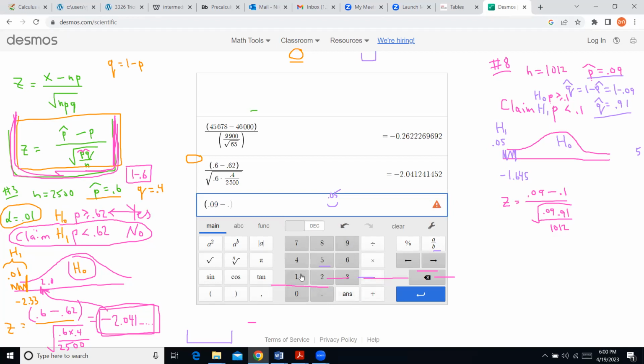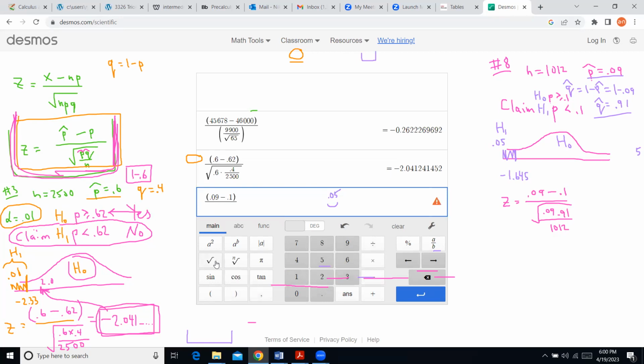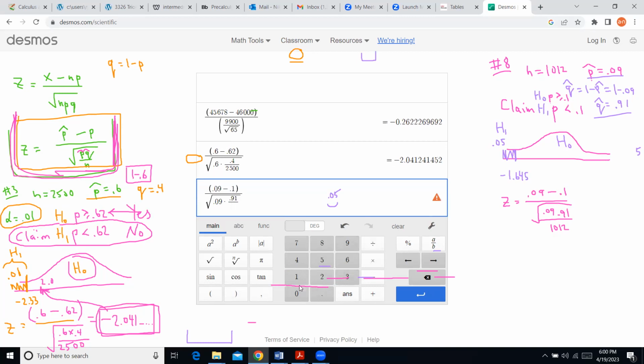So the numerator is in the parentheses as usual, then divide, and then the denominator with 0.09 times 0.91, and then put this over 1012, just like that.